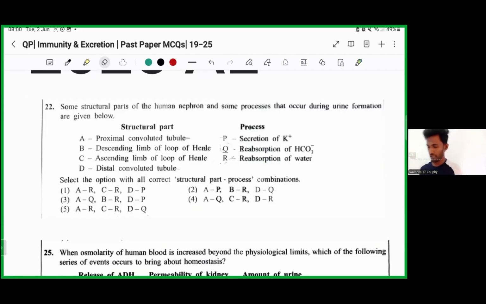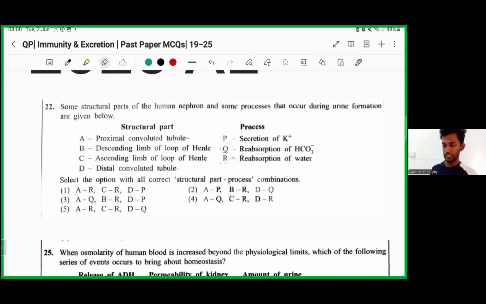But we have to decide from A. A has AQ, AP, your secretion of potassium plus. In the proximal convoluted tubule, secretion of potassium plus is not done. So in here we can take either Q or R, and Q is chosen here, because there is no answer with R. If we take A R, it is the first and fifth one, and B is not in those answers.